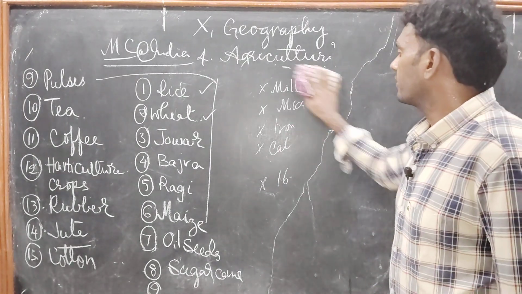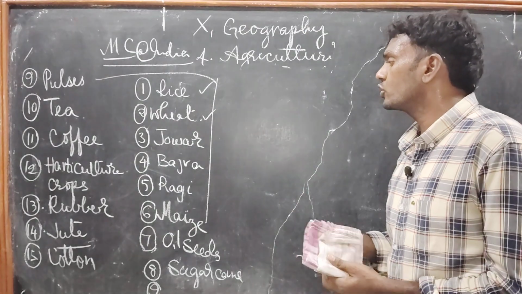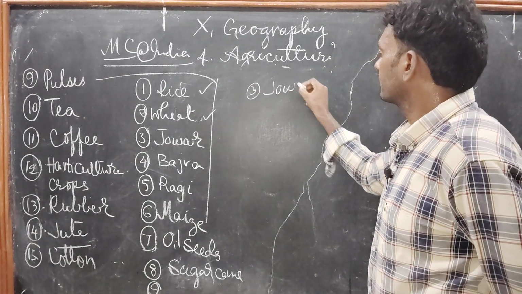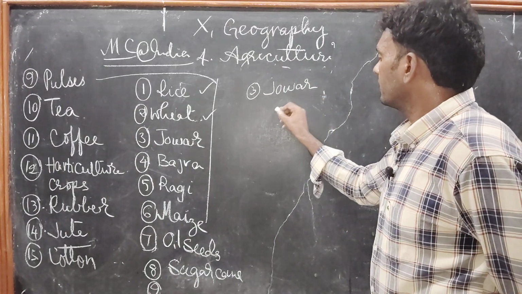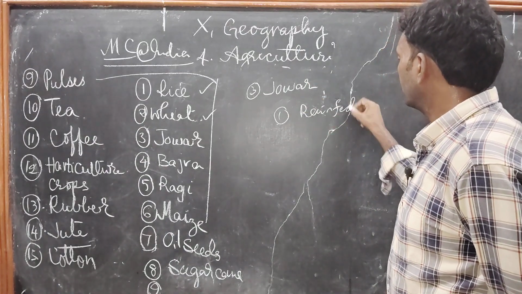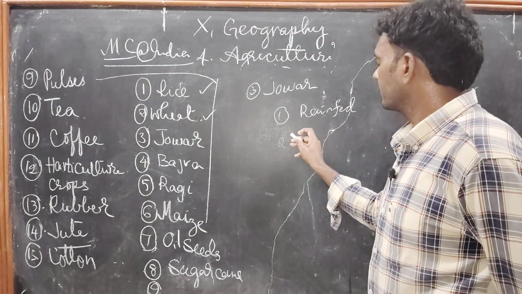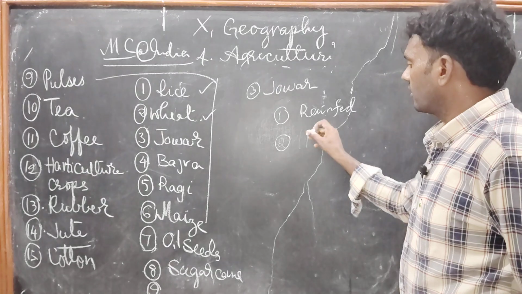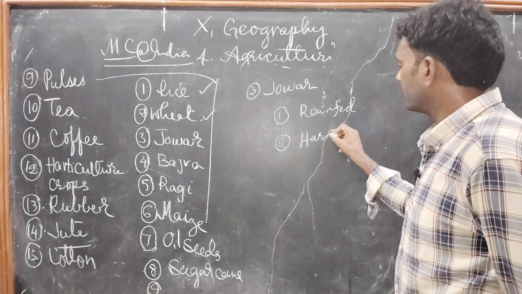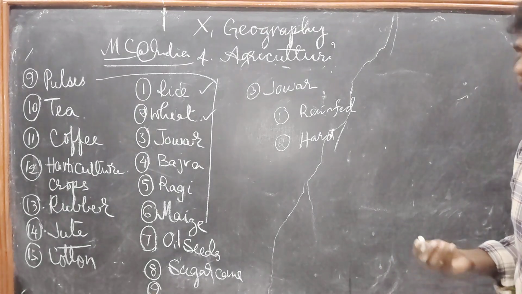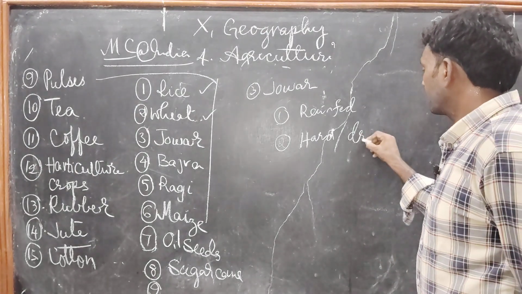See, coming to jowar. Now we are discussing about the jowar. Third crop, jowar. Jowar is a rain-fed crop, no need to irrigate it. And second point, it is a hardy crop, it can resist droughts also.